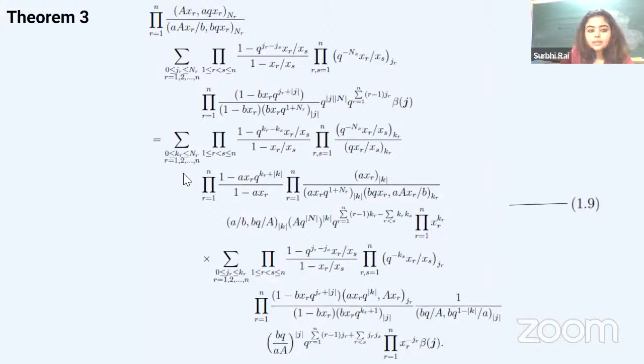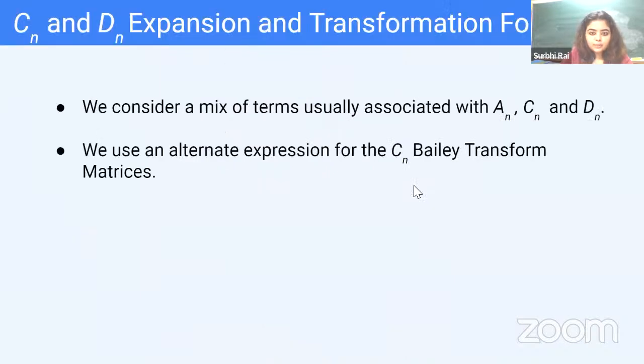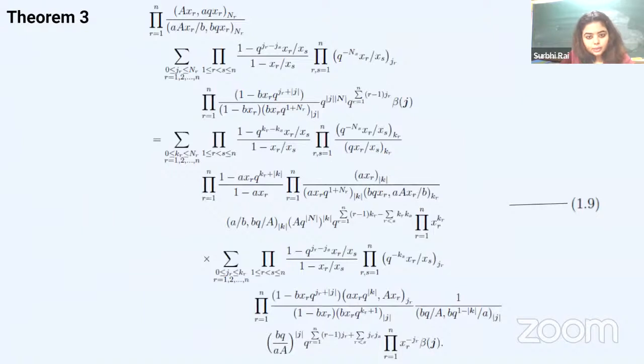This is a dominating series of this type. And we used a different 3-feet-2 summation to obtain this result. Here again, if we replace beta j by suitable values and substitute them over here and replace a few variables, we will obtain another 6v5 summation formula.